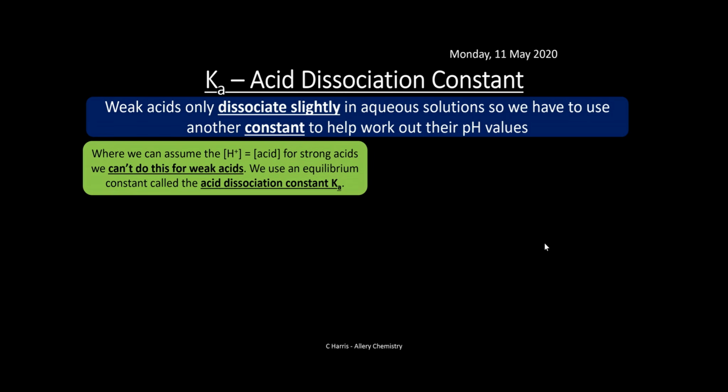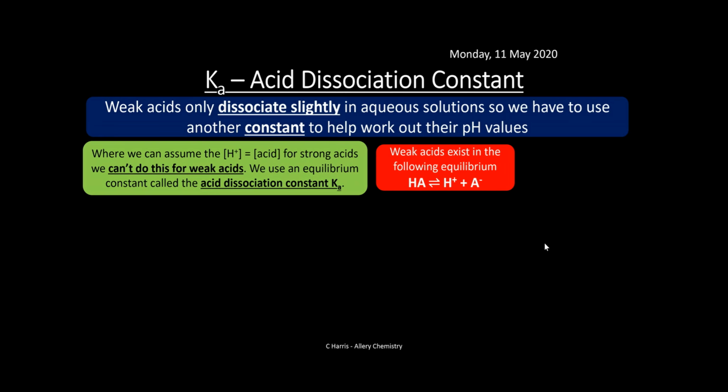We can assume that the concentration of H plus equals the concentration of the acid for strong acids, but we can't do this for weak acids because they don't dissociate fully. So we use this other constant to work out the pH of weak acids, and we call this Ka.